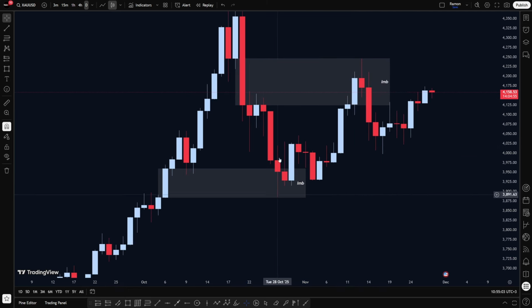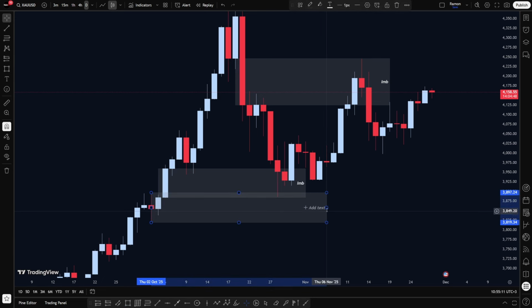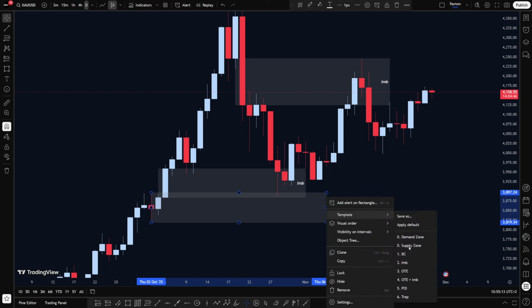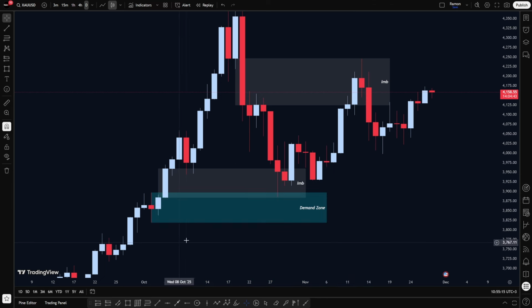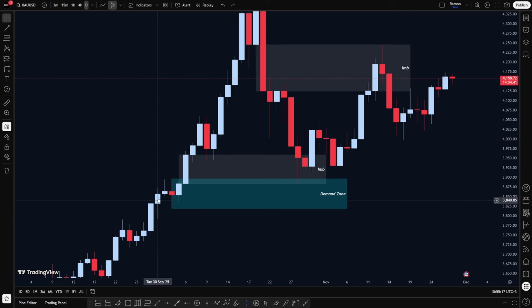Okay, so after you've marked the two imbalances, all you need to do again is to mark the supply and demand zones here. This is my demand zone. The reason why I call it a demand zone is because we had this move up, which is a rally.